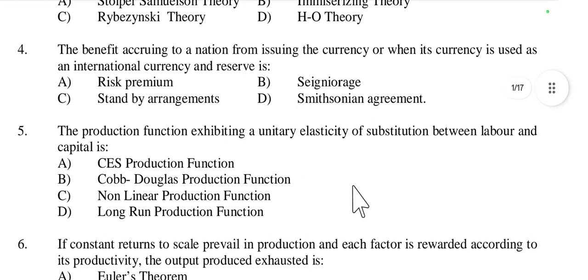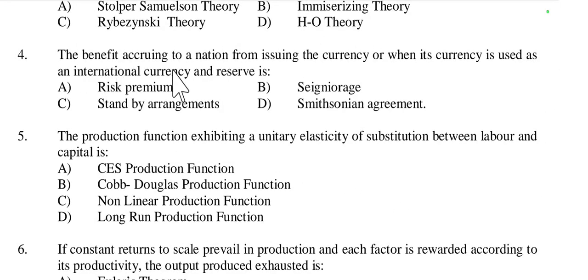Then question number 4, the benefit accruing to a nation from issuing the currency, or when its currency is used as an international currency and reserve. The currency used as an international currency and reserve is called risk premium, seigniorage, standby agreements, or Smithsonian agreement.